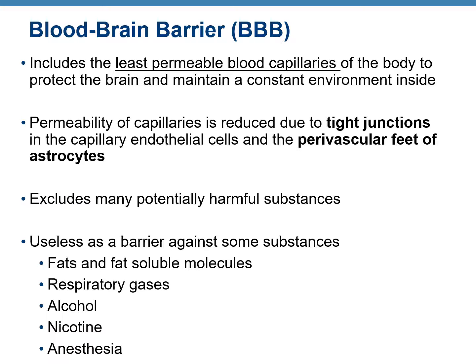And the blood-brain barrier helps in excluding many potentially harmful substances from reaching inside the CNS. However, the BBB is useless as a barrier when it comes to alcohol, nicotine, anesthesia, respiratory gases, or fat-soluble molecules.